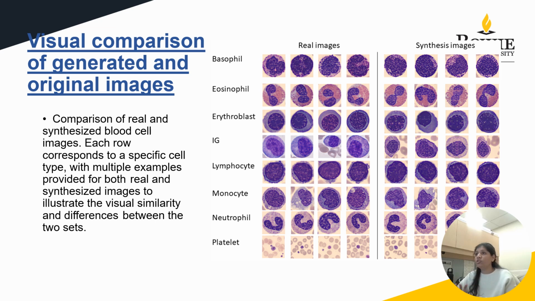Then this is the visual comparison of generated and original images. The left side are the real images and the right side are the fake, which are known as the synthesis images.